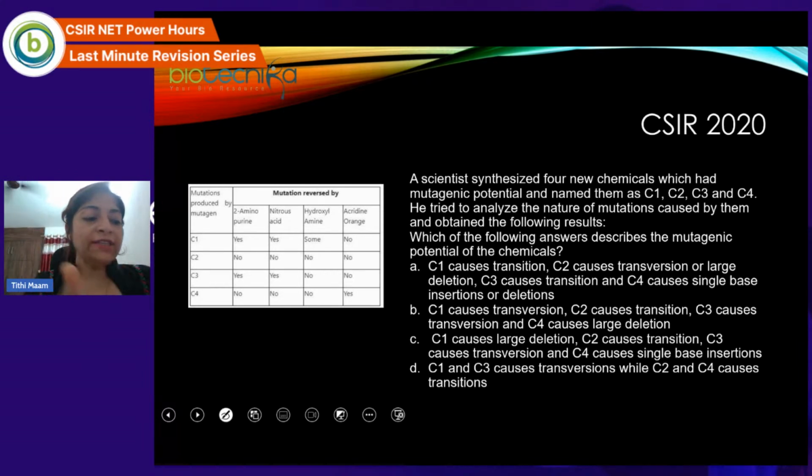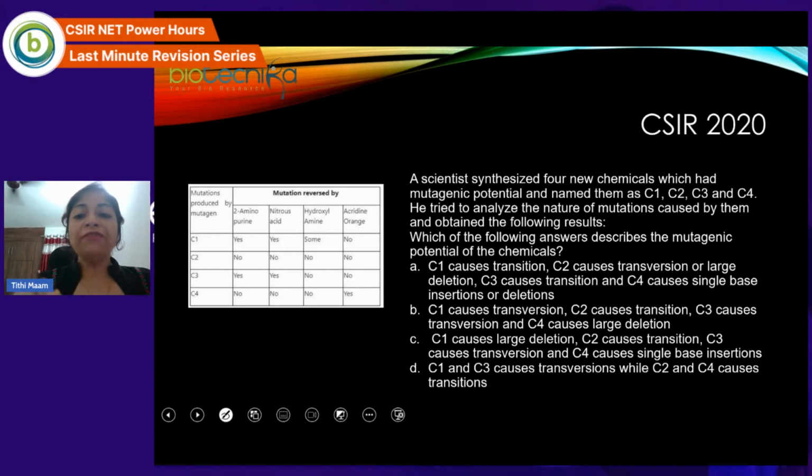Now what is this mutation reversal study? In a mutation reversal study, if we do not know what kind of mutation a chemical causes, we make that chemical cause the mutation. Then we use some known chemicals to reverse the mutation.